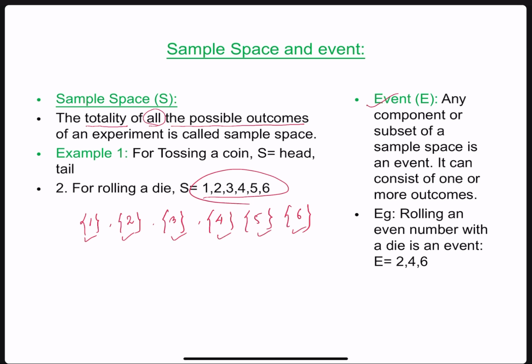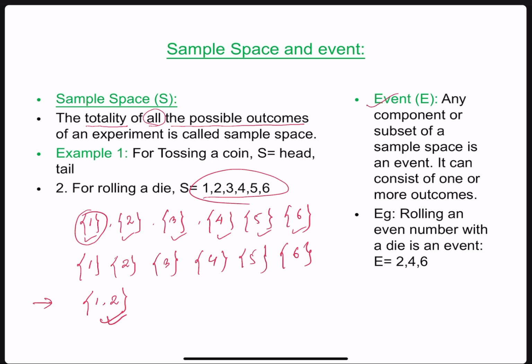Now suppose you roll a die twice. At first, suppose you get 1. Then at the second roll, you can get 1 again, 2 again, 3 again, 4 again, 5 again, or 6 again. When we combine the results, say at first you get 1 and at the second roll you get 2, this is also called an event.